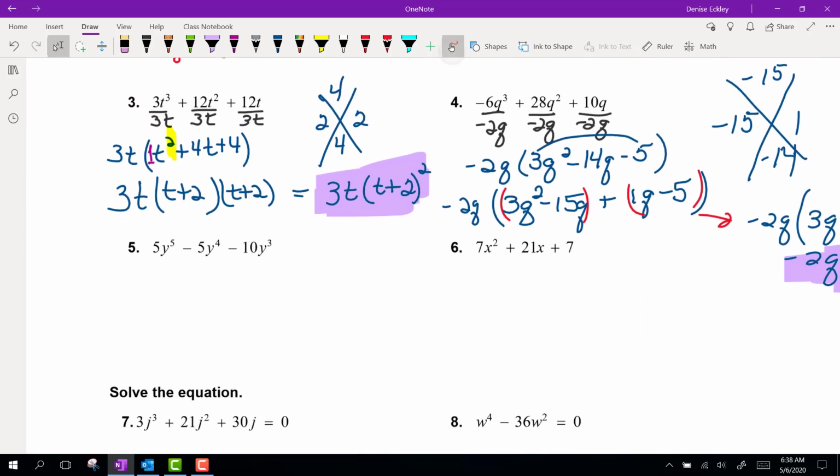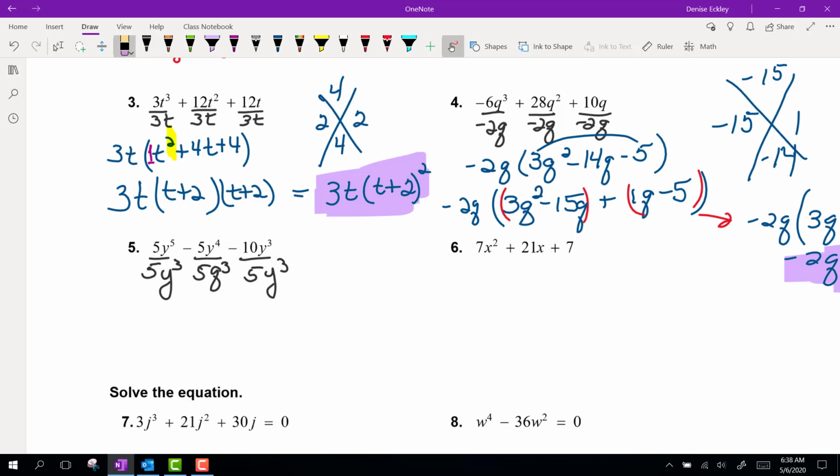Okay, number 5. Again, look for a GCF first, and in this case it's going to be 5y cubed. They're all divisible by 5, and the lowest power of y is 3. Now remember, you can't factor out a variable if all the terms don't have one, but so far all the terms have had a variable that we factored out of the GCF.